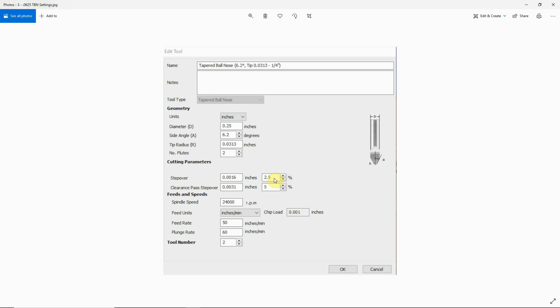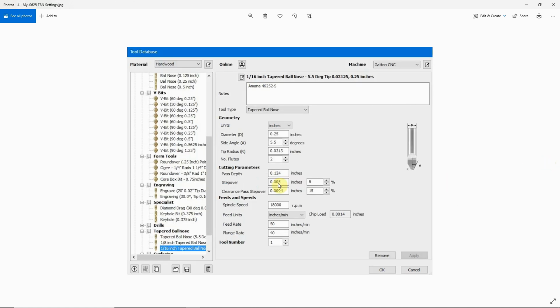Now, the larger the percentage, the more of a chance there is that you're going to have some cleanup. As I showed here, I tend to run about 8%. I get a good finish that needs minimal cleanup.